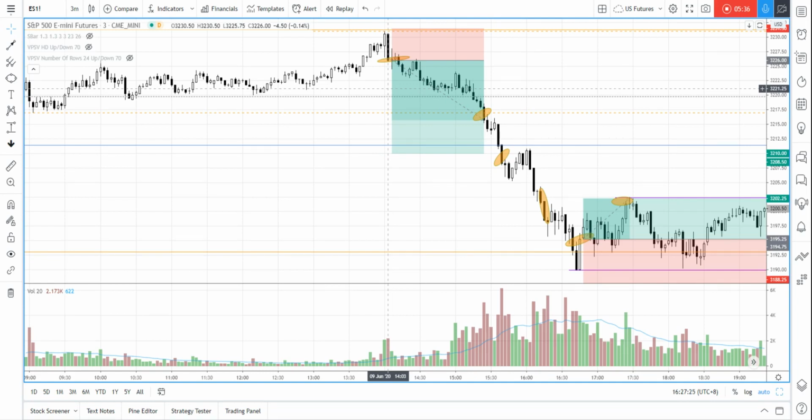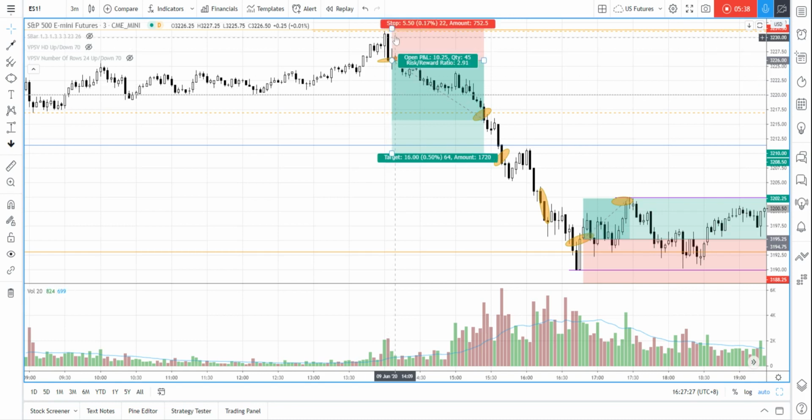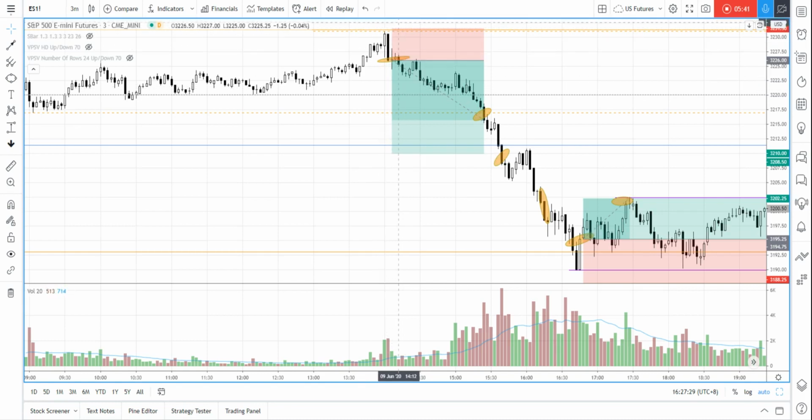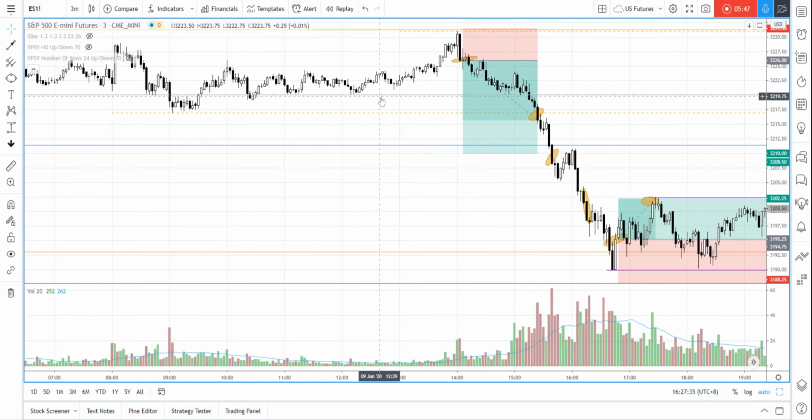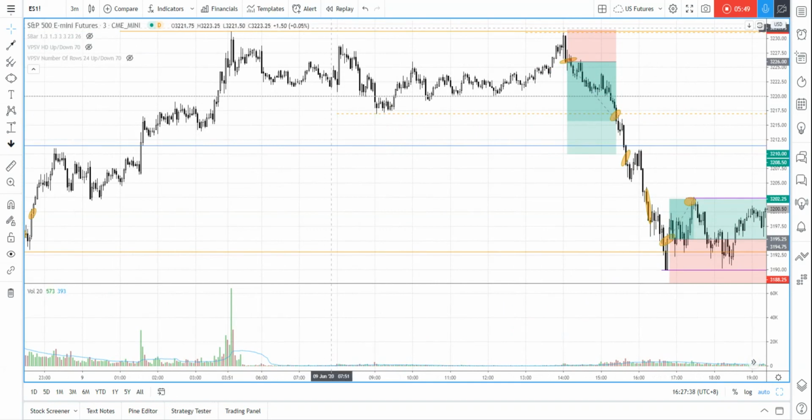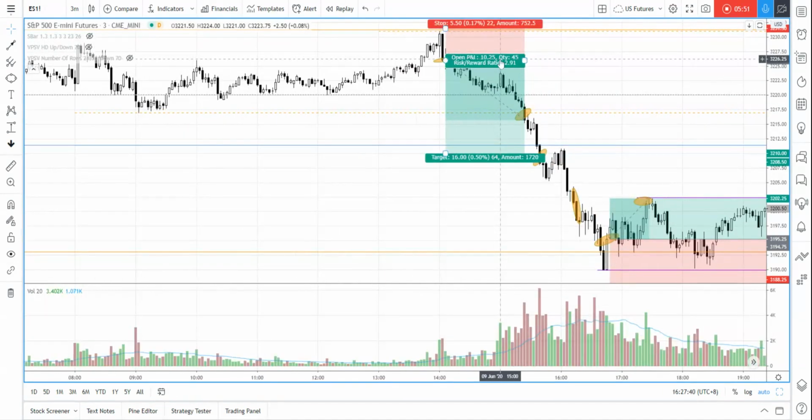So this is where I entered the short, with a stop loss just slightly above the swing high level here, because it just shows there's a rejection of the top here, which was the swing high level. So this trade works out quite nicely.